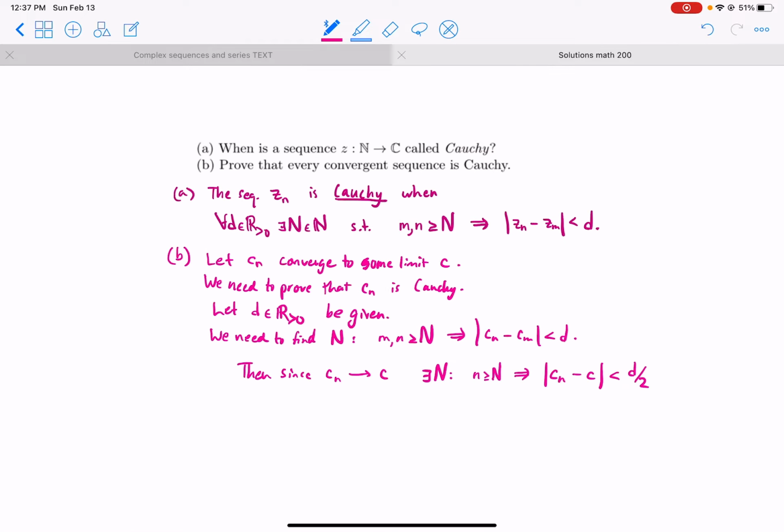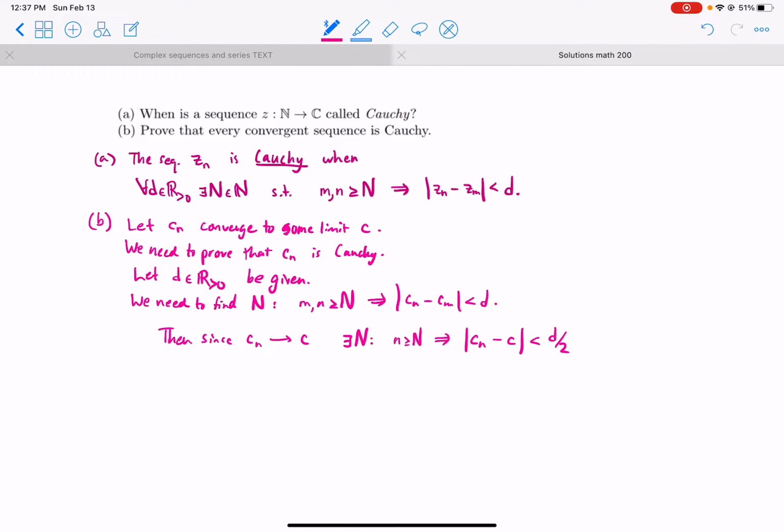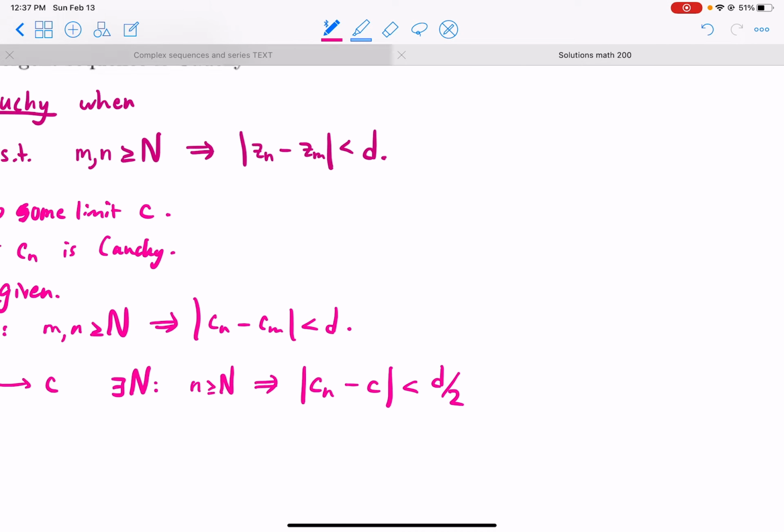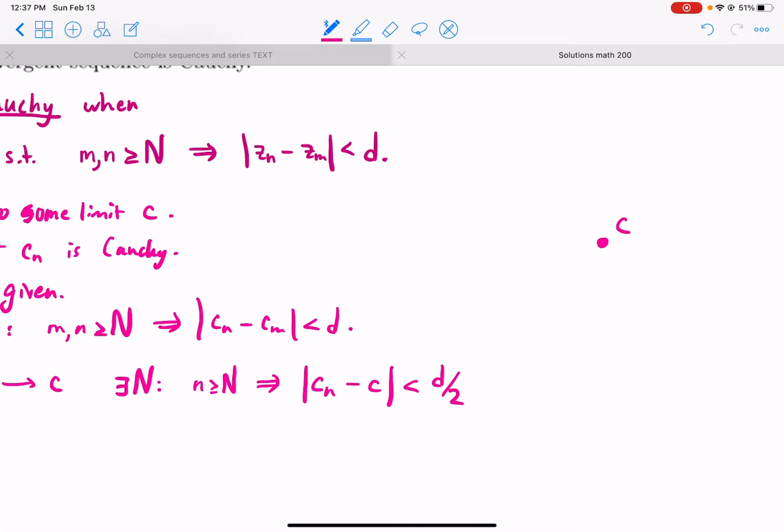Okay, so let's picture this. Here's my limit C. It's somewhere in the complex plane, and then here's C sub n, and maybe here's C sub m. And now I want these to be d close to each other. I can make this d over 2, and I can make this d over 2.